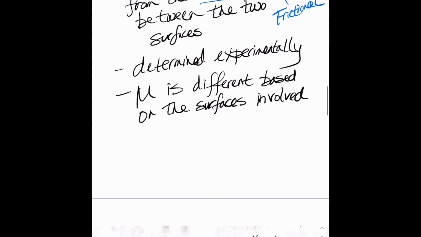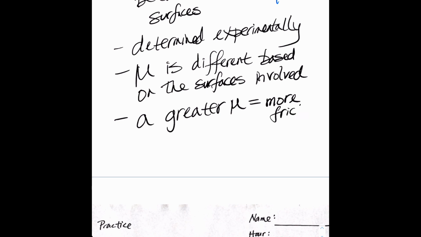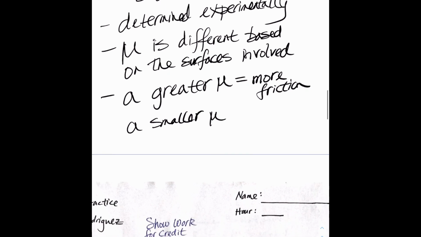And furthermore, we can say that a greater mu equals more friction, or means more friction. And a smaller mu, right, because it's just a coefficient, it's a number, equals less friction.